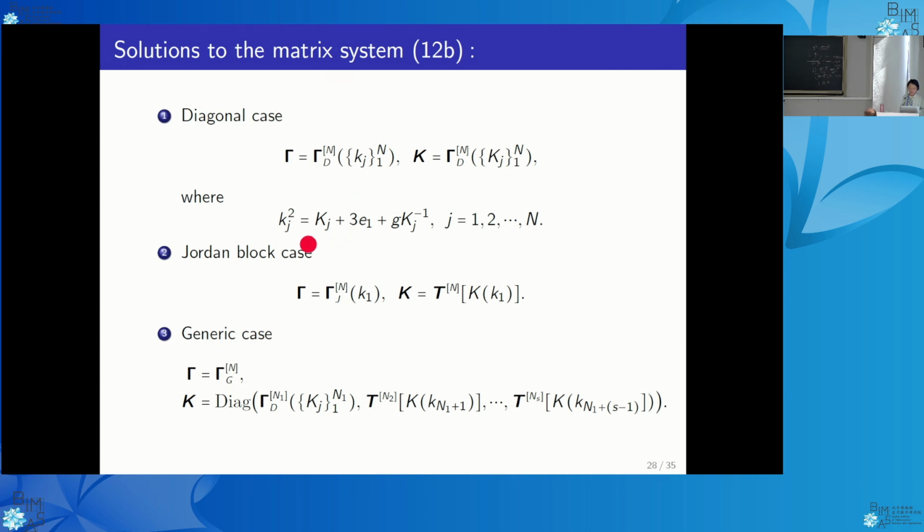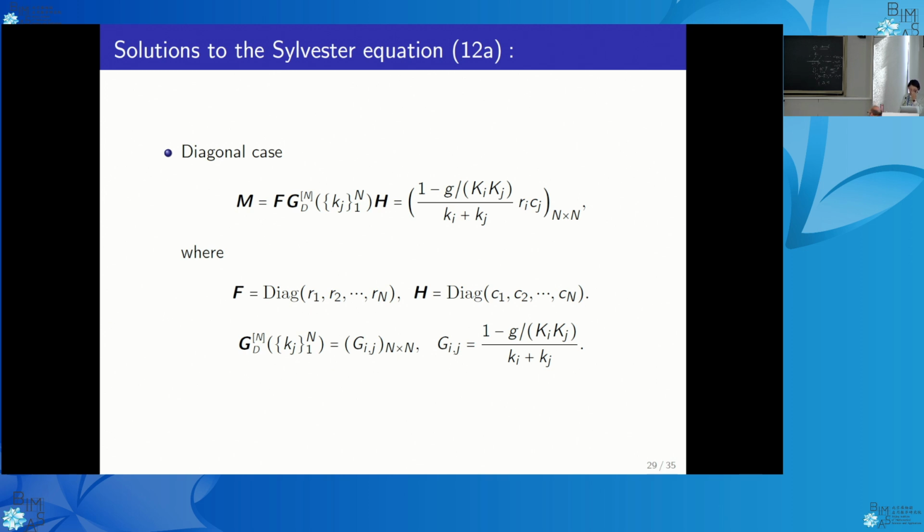We can see small k and big K are points on the elliptic curve. Also, for the Jordan block case and the general case, we can have the solution for K, capital K or big K. And then we can solve the Sylvester equation for M to get this formula.